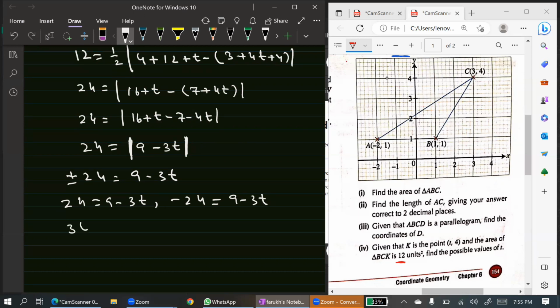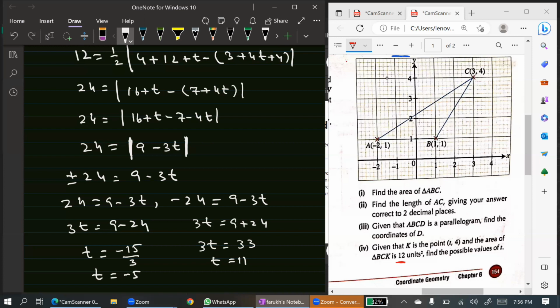So 3t is equal to 9 minus 24 and 3t is equal to 9 plus 24. 3t equals 9 minus 24, which is minus 15. T is equal to 11. These two are the values of t.